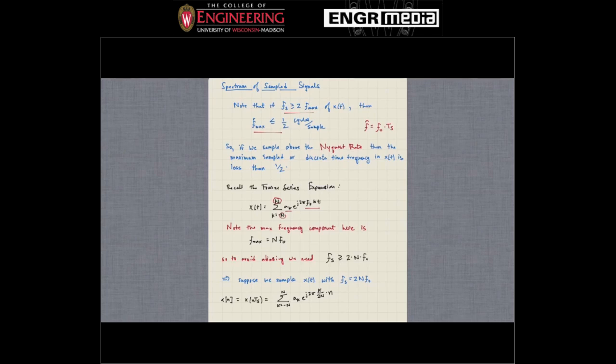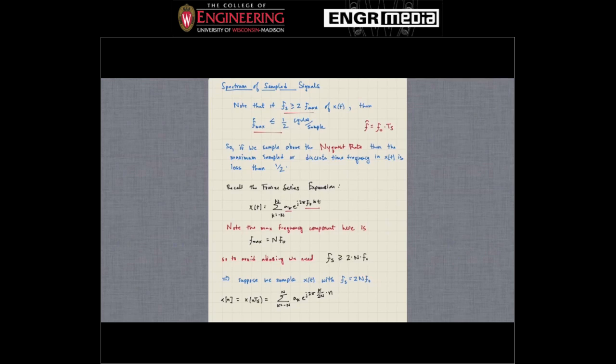Here we're just writing it from minus n to n. And all that's doing is saying that there is some maximum frequency component, which is just n times f naught. Normally when that's infinity, the components go on to infinity, but we're just truncating that.